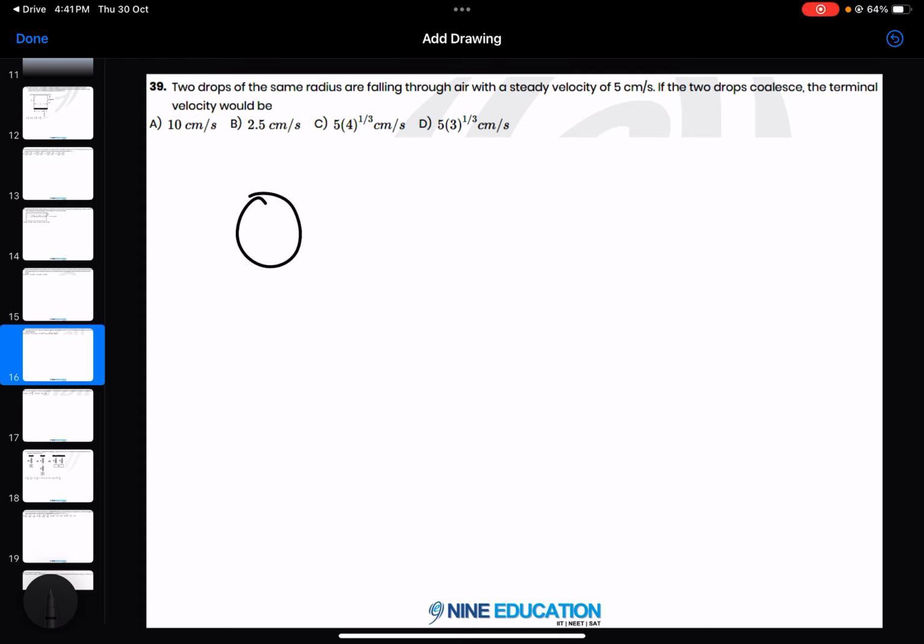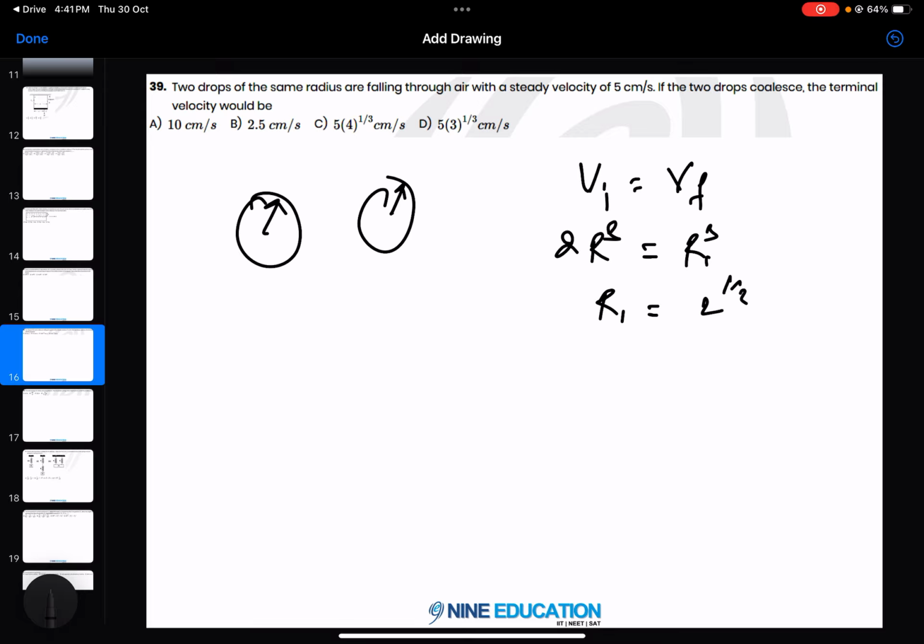Two drops of same radius merge together. If two drops merge together, we can equate their volume to find their final radius. So initially, let's say 2r cube, volume is proportional to radius cube, 4 by 3 pi will get cancelled, r dash cube. So r dash is 2 power 1 by 3 into r. Now terminal velocity is proportional to small r square.